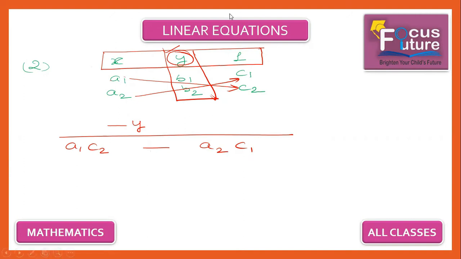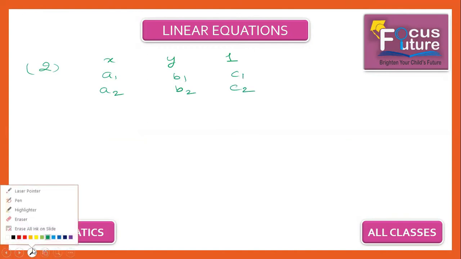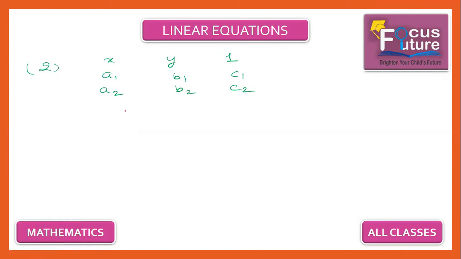Now let us calculate the value of the constant. So to calculate the value of the constant, I am writing rule number 2 again. Rule number 2 was x, y, constant, a1, a2, b1, b2, c1, c2, right? Now I'm changing the marker. Calculating the value of this constant, you would leave this row and this column.